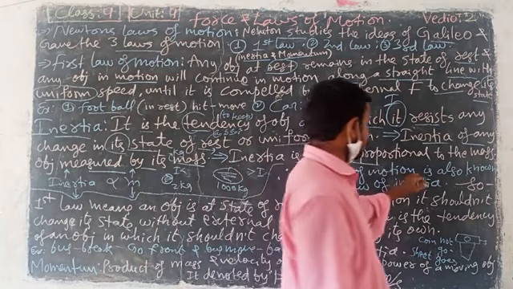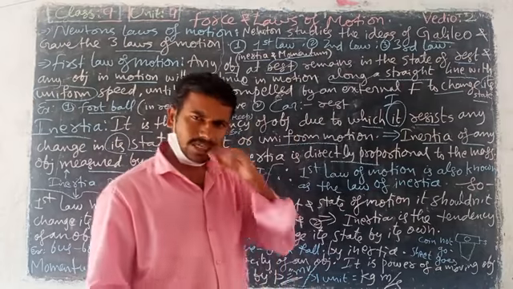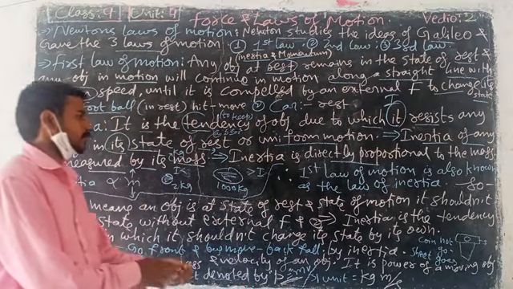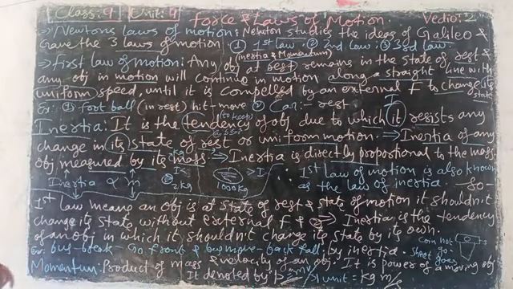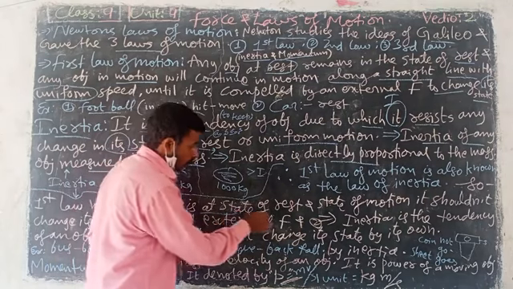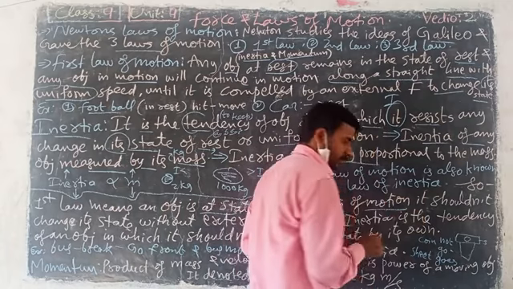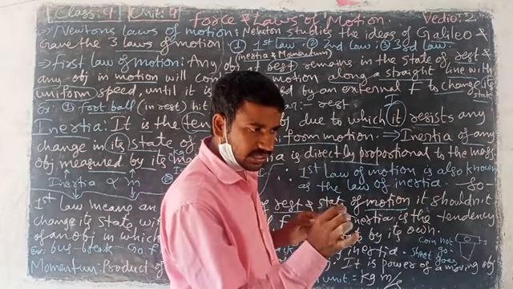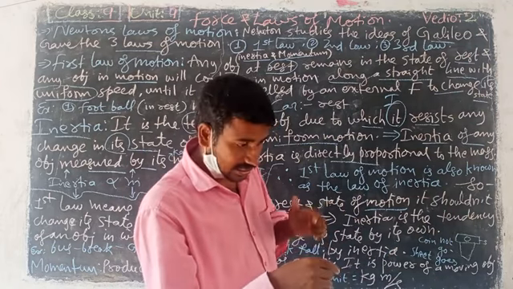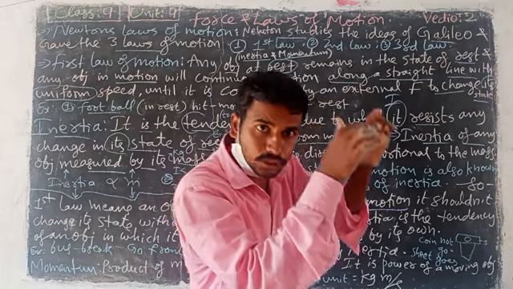The first law of motion is also known as the law of inertia. The first law of motion and inertia are both the same. If you have a doubt, check. The first law means an object is in a state of rest or state of motion. The first law is telling that if the object is at rest, it keeps at rest. Inertia also shows the tendency that if the object is at rest, it should stay at rest.